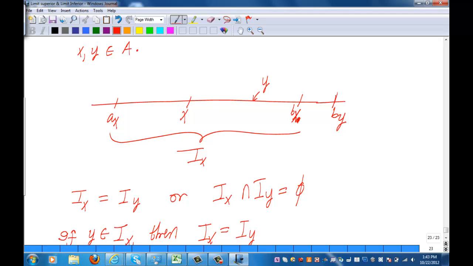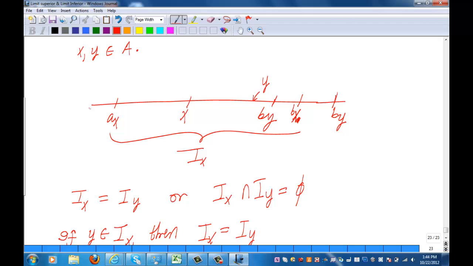So By couldn't possibly be bigger than Bx. Same way, By cannot be smaller than Bx, otherwise you can extend the Iy into something bigger. So you can argue the same way what happens when Ay is smaller than Ax or bigger than Ax. Same way you can argue that that cannot be the case.